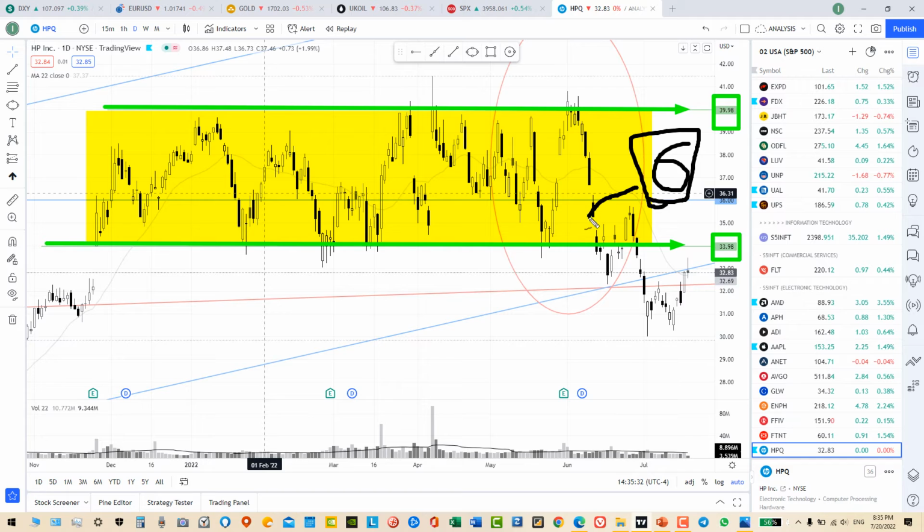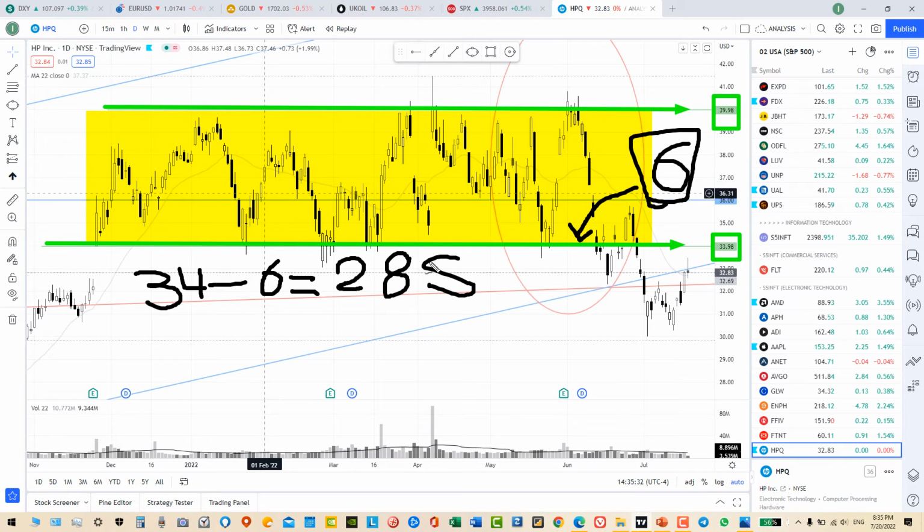I like to subtract this from the level of the break. So we have 34 minus $6. The target will be around $28. So keep in mind that over the short term, we do have a downward target around $28.